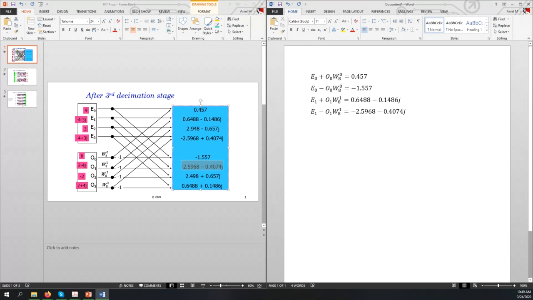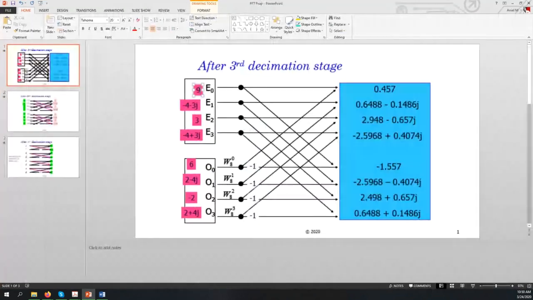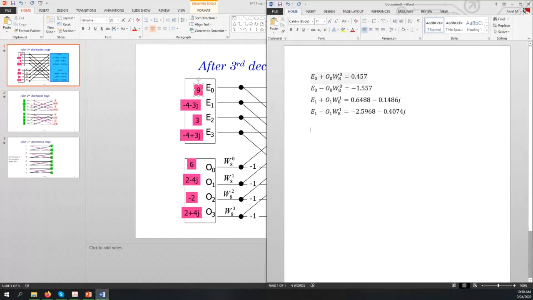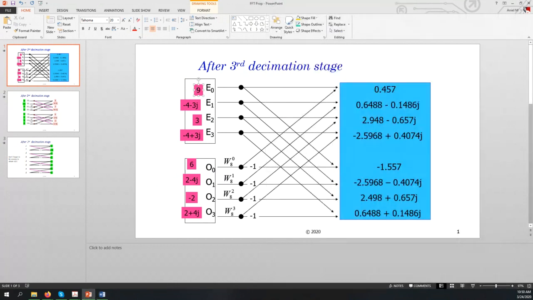So eventually, when we start solving this system of simultaneous equations, we'll resolve out all the E values and the O values accordingly. It's just a series of simultaneous equations you need to keep on doing, because of how the butterfly is formed: the addition of the two is mapped to one value, and then the subtraction of the two is mapped to the next value accordingly.